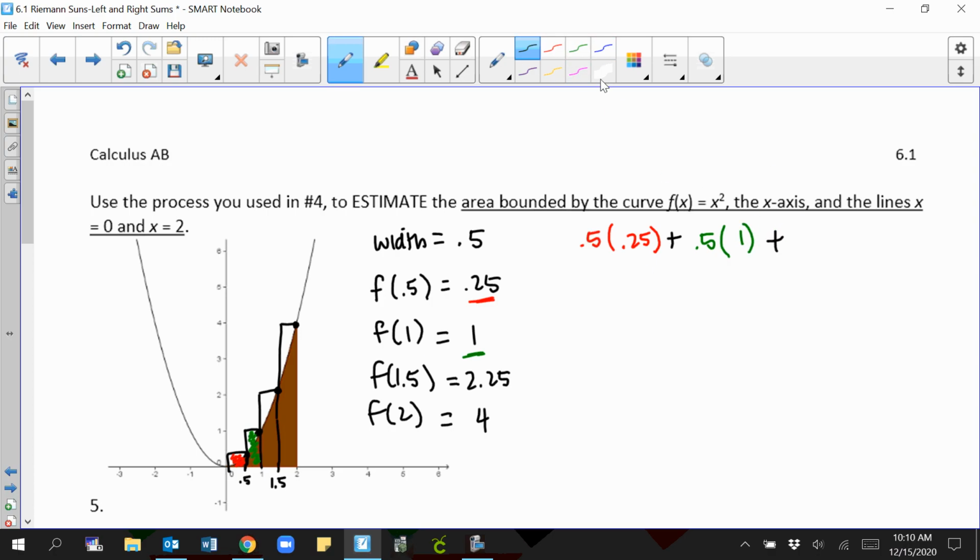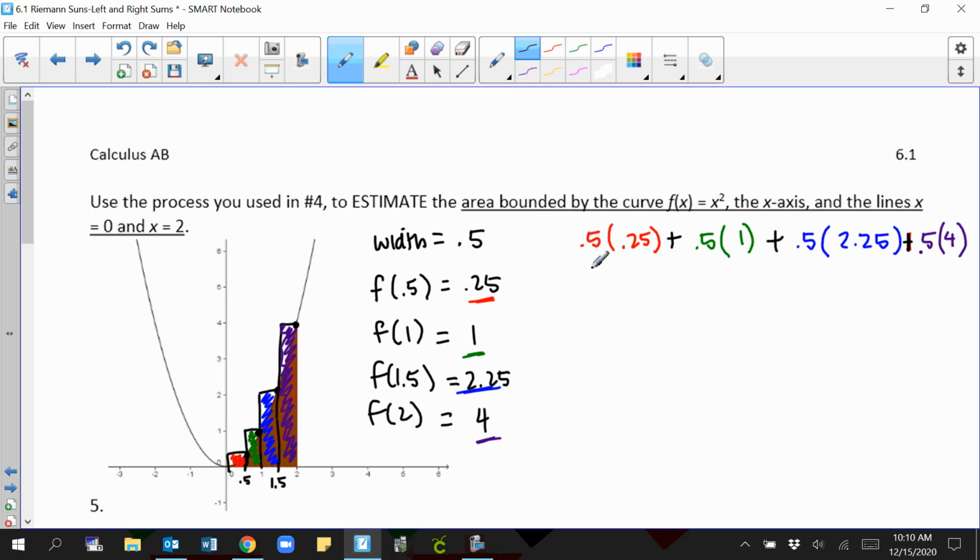Now to find my third rectangle, right here, my width is still 0.5, and the height up here at this point is 2.25. And to find my last rectangle, let's do this one in purple. My width is still 0.5, and my height this time is 4.